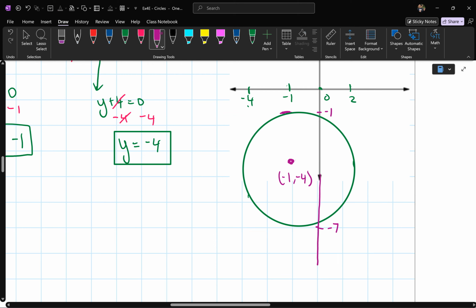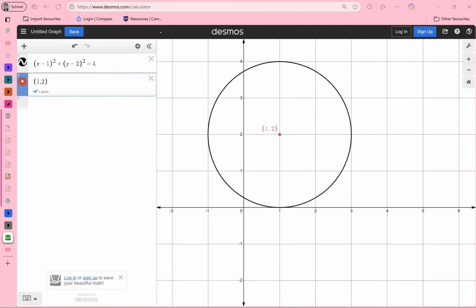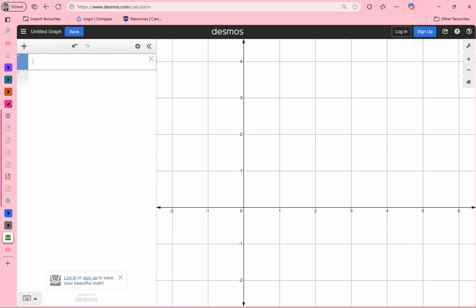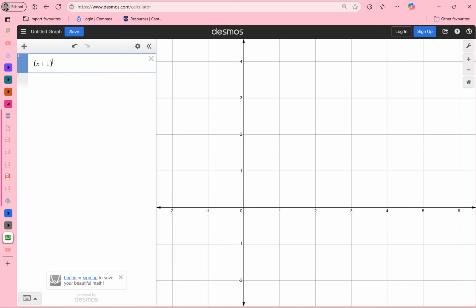To prove it, let's look on Desmos quickly. Let's type it in. We should have x plus 1 squared plus y plus 4 squared equal to 9.